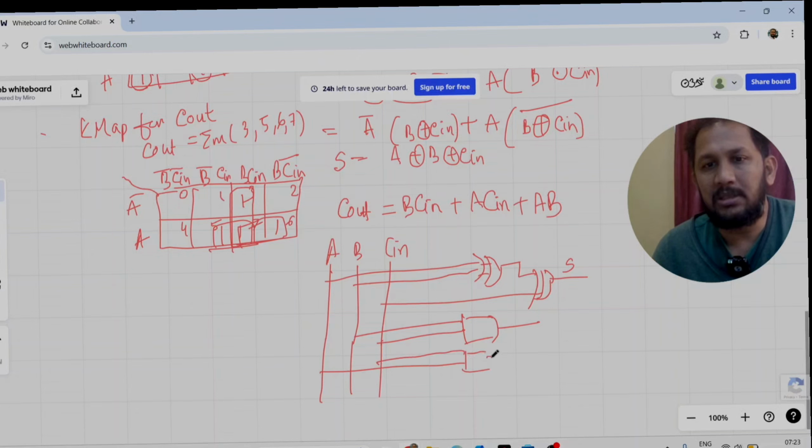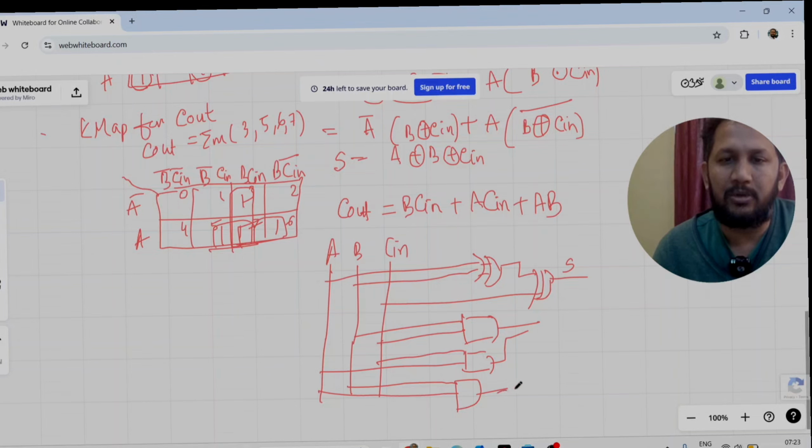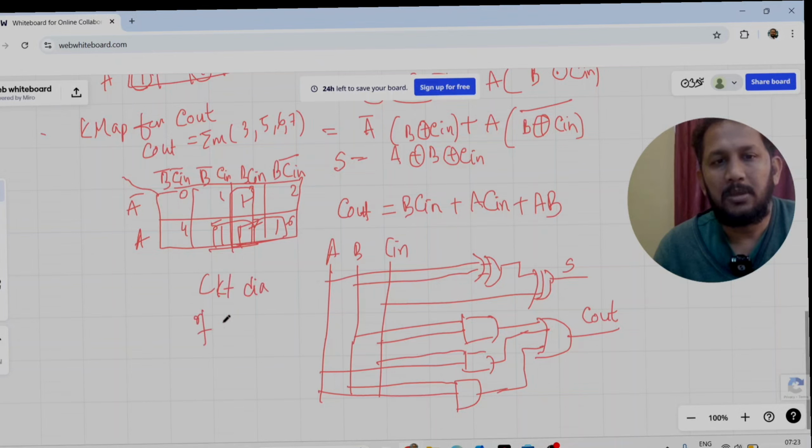And next one is A B, A and B. These are added together using the OR gate. OR gate is used to add Boolean expressions. This one is known as Cout. So this is the circuit diagram of full adder.